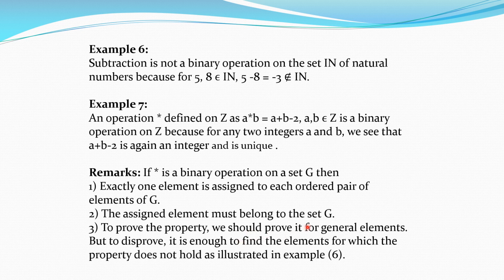It means we cannot take elements like 2, 3 if the set is the natural number set. Whenever we are proving it in general, we have to take general, arbitrary elements like A, B, X, Y, etc. But to disprove, it is enough to find elements for which the property does not hold, as we have seen in this example 6. As here the property fails, instead of taking A and B, we have taken specific numbers for which the property fails.